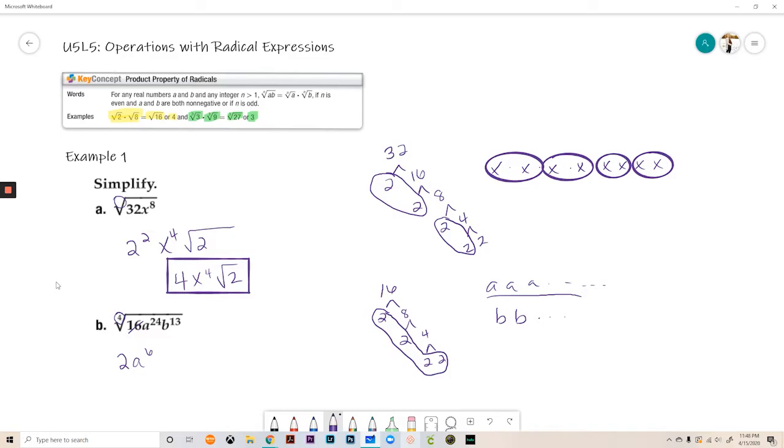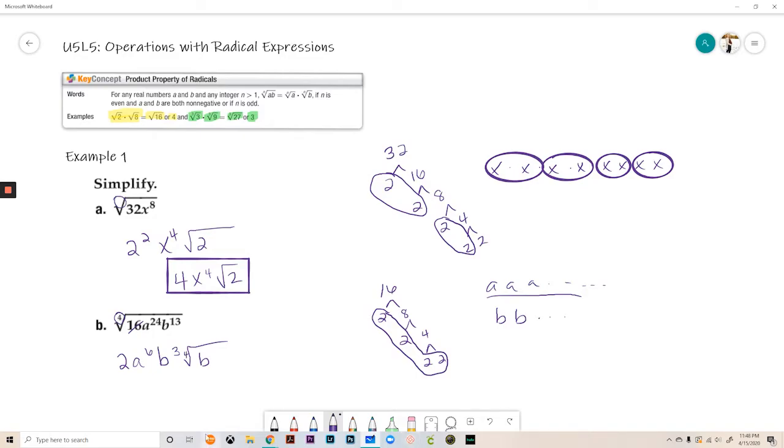You have to think back to when we divided and had remainders. 13 divided by 4 is 3, a full 3, but we're going to have a remainder. We're going to have 1 b left over, so that's going to have to stay inside the radical. So the simplified version of this is 2a to the 6th, b to the 3rd, and then we can't forget this little 4 right here.